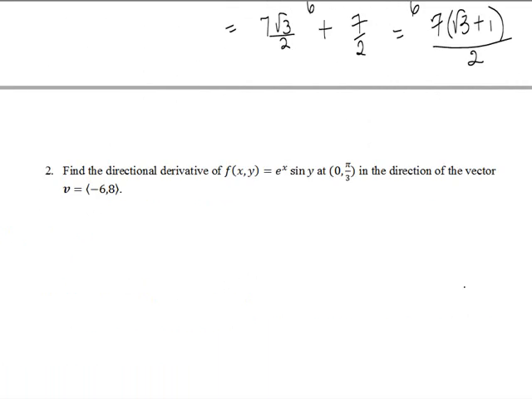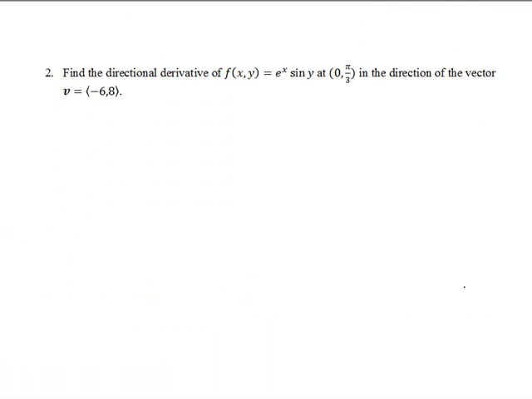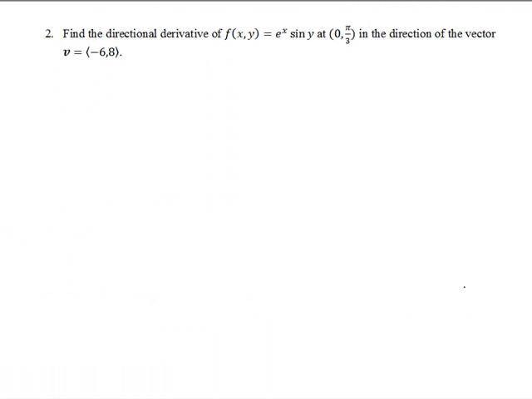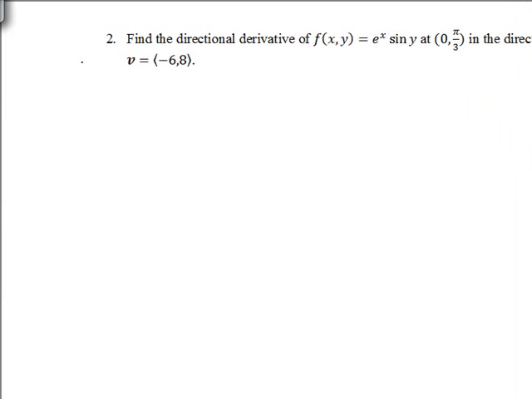Find the directional derivative of f of x, y equals e to the x sine y at the point (0, pi over 3) in the direction of the vector v specified by (-6, 8). So the first step, let us find the partials. Let's find the partial of f with respect to x.